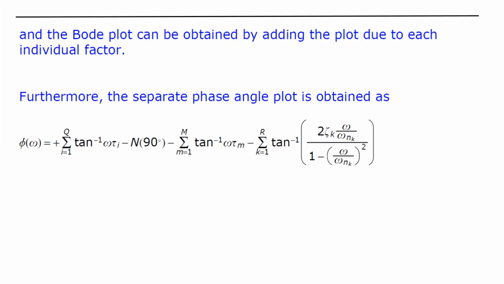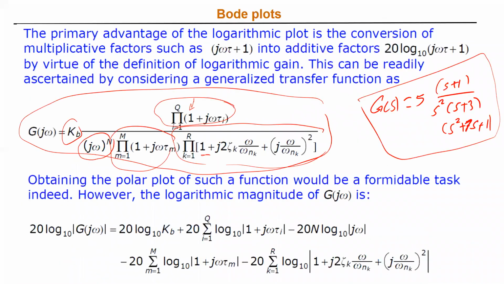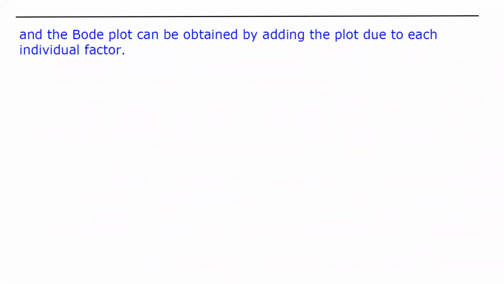So basically, if we want to get the overall Bode plot, since this is addition, let me take those terms individually: this is the zero, this is the pole at the origin, and so on, and I will add them together.